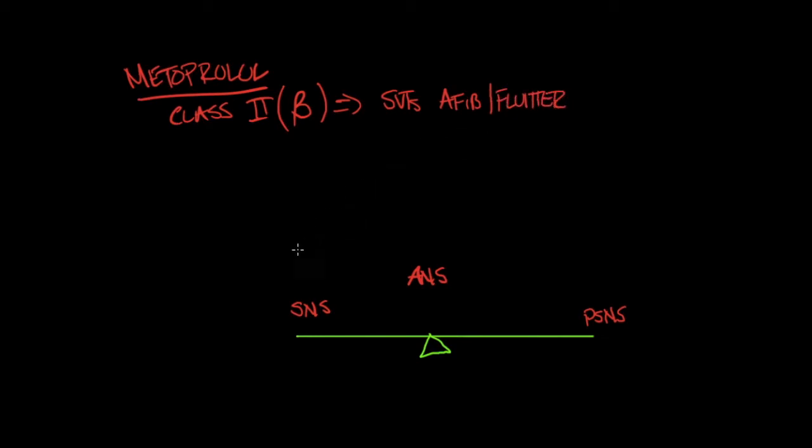And it's going to do this by affecting the beta 1 receptors in our sympathetic nervous system, or that stress response. So by blocking these, we'll decrease our sympathetic nervous response, which will increase our parasympathetic, with the result of decreasing our heart rate and AV conduction.